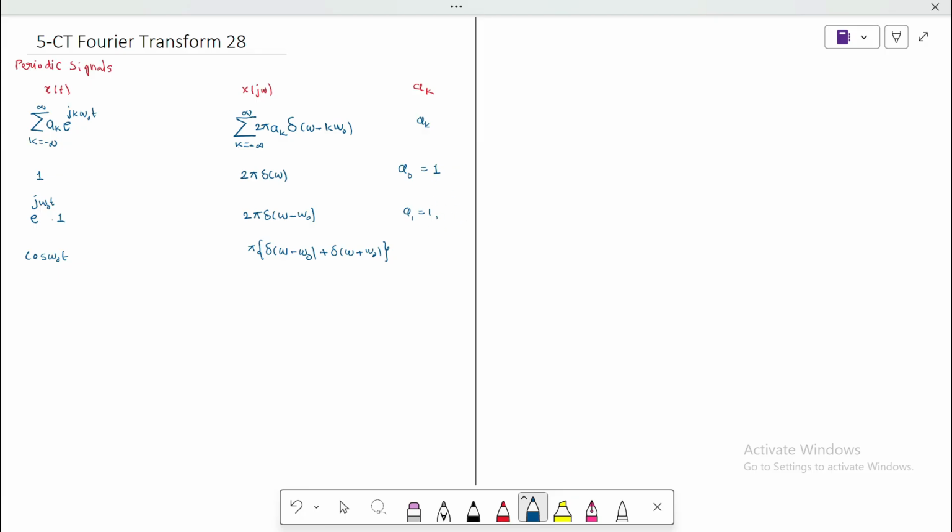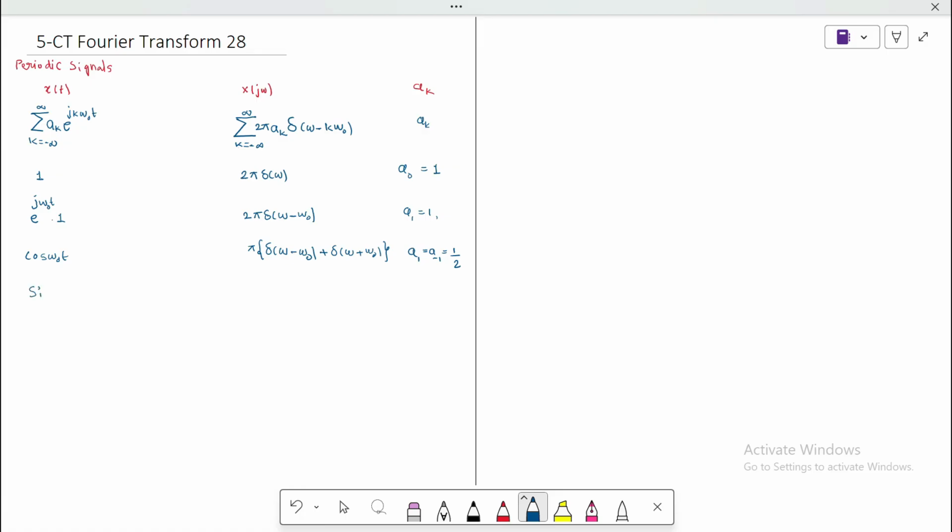Otherwise all coefficients go to 0. Here we have a1 and a minus 1, both equal to 1 by 2. Otherwise, all Fourier coefficients go to 0.